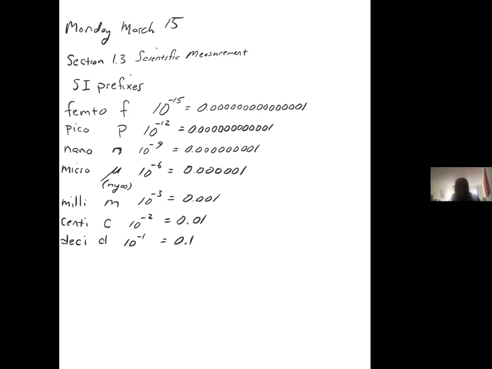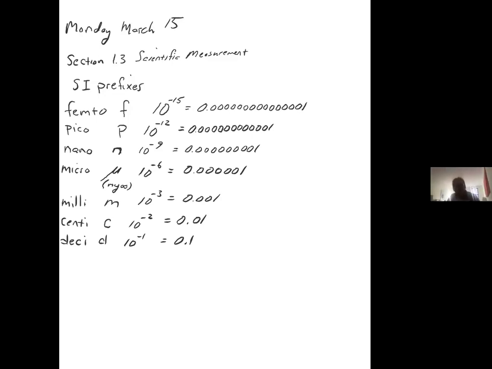Okay. So that's from really, really small numbers, like the size of a nucleus, to the size of an atom, to the size of a large molecule, all the way up to the size of a pencil. A pencil is in decimeters, okay? So those are the smaller ones.